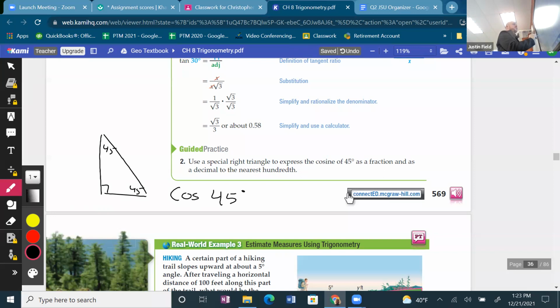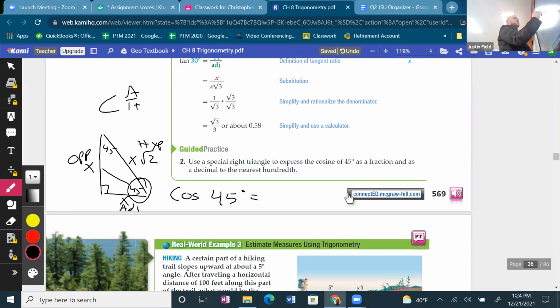And we know that in a 45, 45, 90, the formula is x root 2. And so what's the cosine of 45? Adjacent, hypotenuse, opposite. Okay, so the cosine is adjacent over hypotenuse, right? Can't say that enough. So that's going to be x over x root 2.